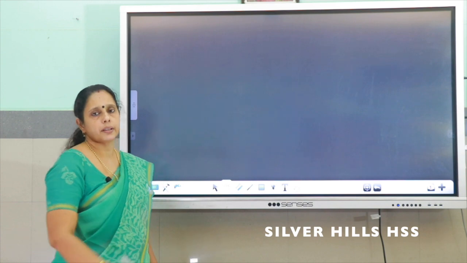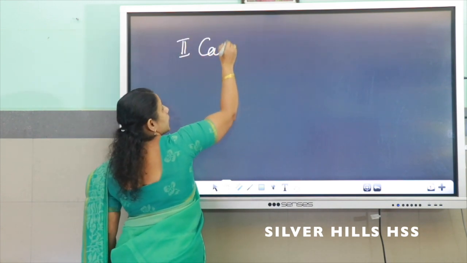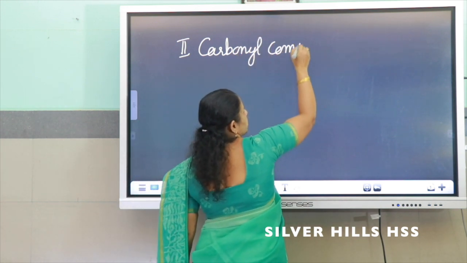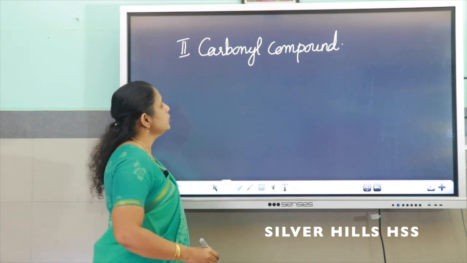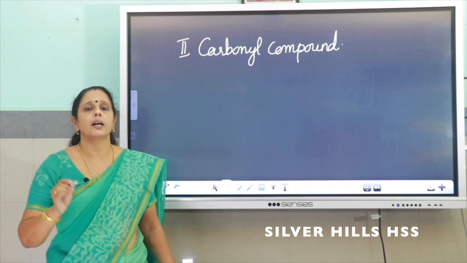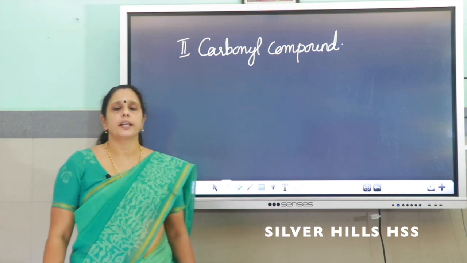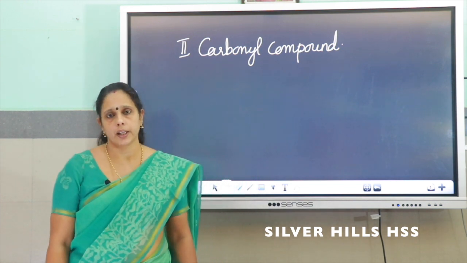The second method of preparation is from carbonyl compound. It's a very important one. From carbonyl compound, how will you prepare an alcohol? Aldehydes, ketones and carboxylic acids are known as carbonyl compounds.